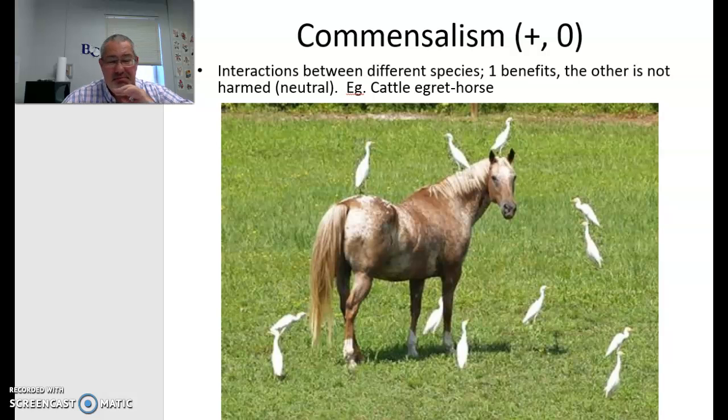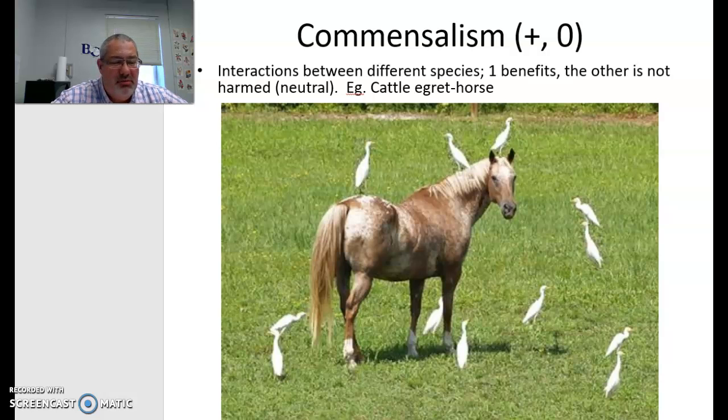A commensalism is another form of interaction where one benefits and the other is not harmed. The effect on it is considered neutral, so a plus and a zero. In the illustration here, the horse, perhaps if anything, is annoyed, but there's no real harm to the horse. But the horse helps to disturb insects.